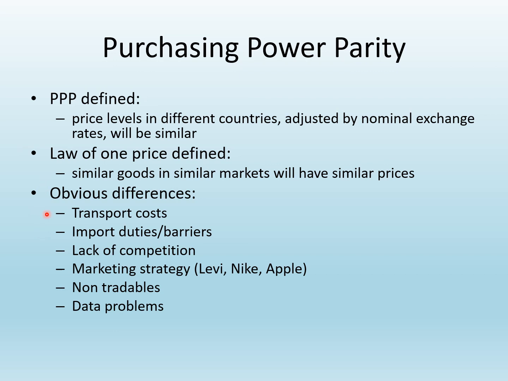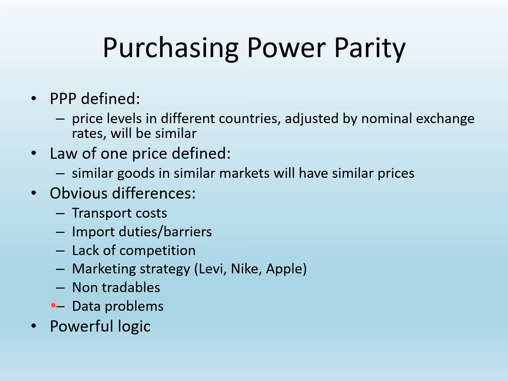If you look at the cost of buying something in the home market, where that has got to be transported to the export market, clearly there are transport costs. There are import duties that have got to be paid. There may be lack of competition. There may be a marketing strategy. For example, Levi jeans may be cheaper in one country than another country, deliberately on the part of Levi. There may be issues with non-tradables, and there may just be data problems.